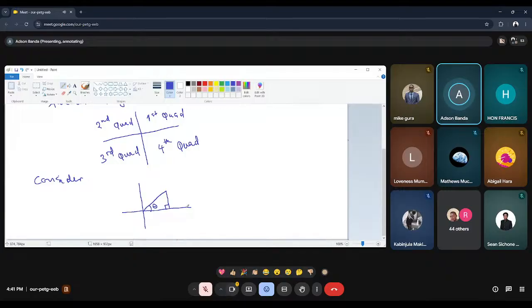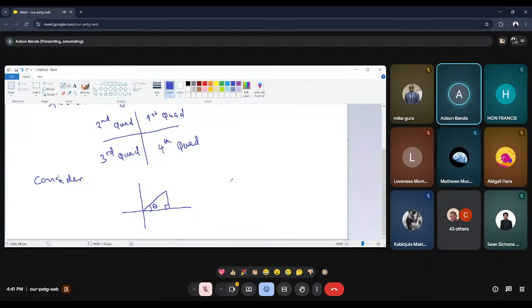We are interested in the angles. So 30 degrees is in the first quadrant. So you know that angles are measured anti-clockwise. So all the angles 30, 60 are in the first quadrant.